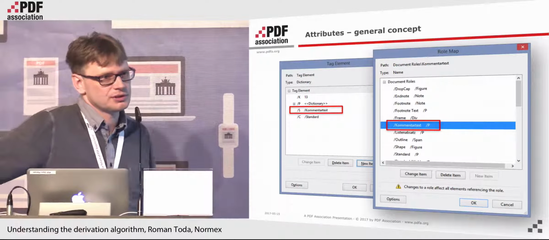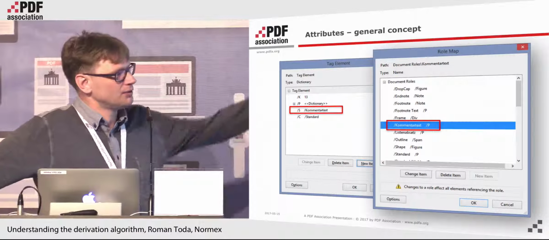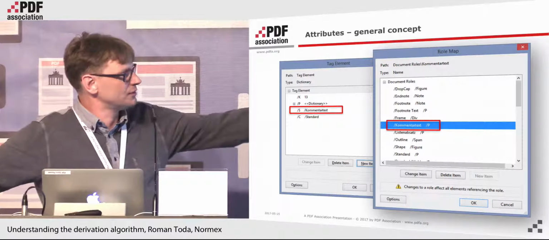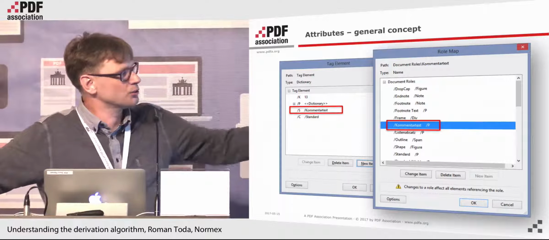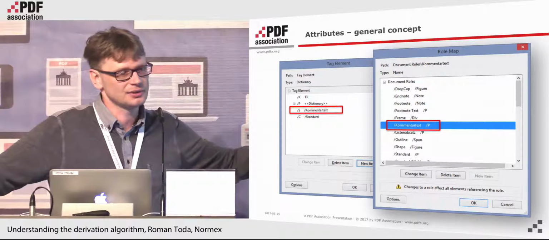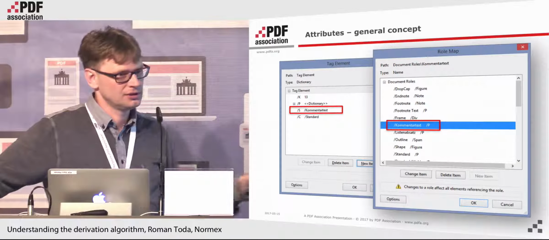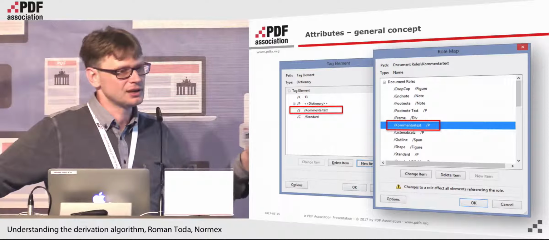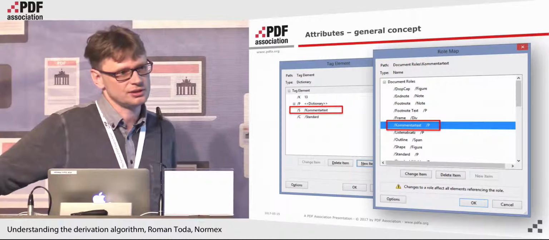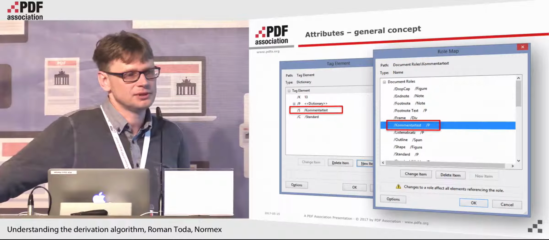The current description in PDF 2.0 says that you might have your own language, so for example, this comment text could point to something that is not of a standard type. But at the end, if you circle through all these mappings, you have to end up on a standard structure element type, and they are precisely described in PDF 2.0.